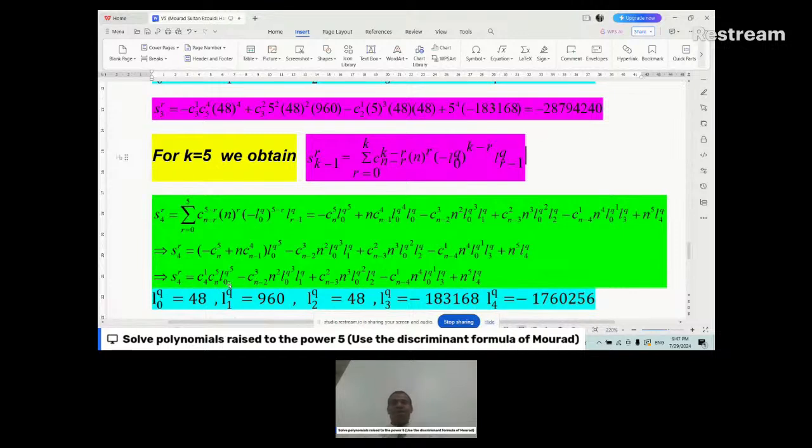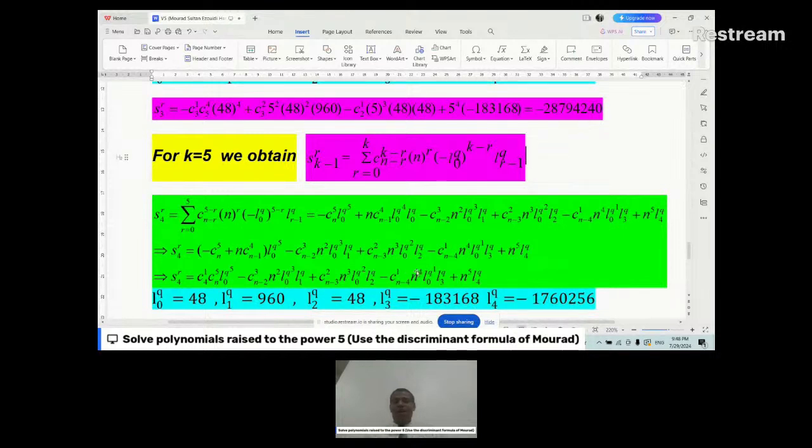So this one never changes. This is a fixed theorem, a fixed discount formula of your mathematical Tunisian teacher Mourad Sultan Ezouidi. And I'm doing this for your sake, learners, to learn so many new things.